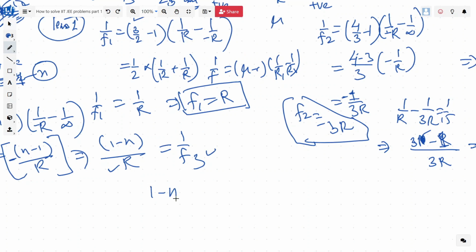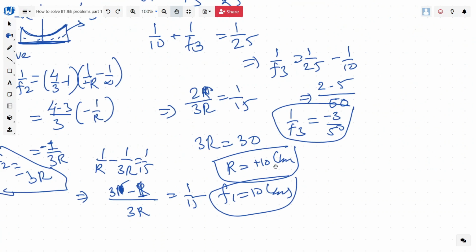So 1 minus n divided by 10 is 1 by f3, minus 3 by 50.